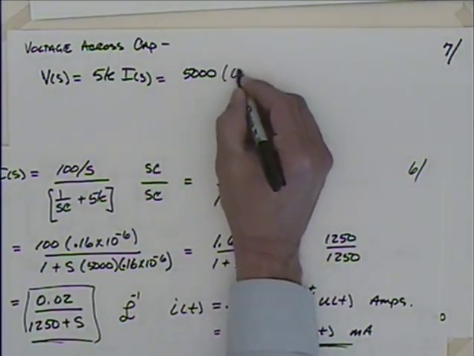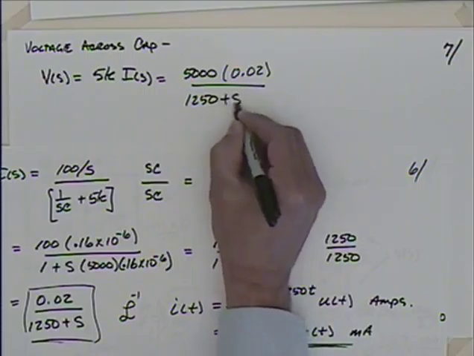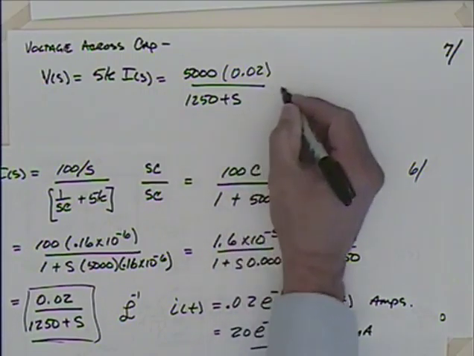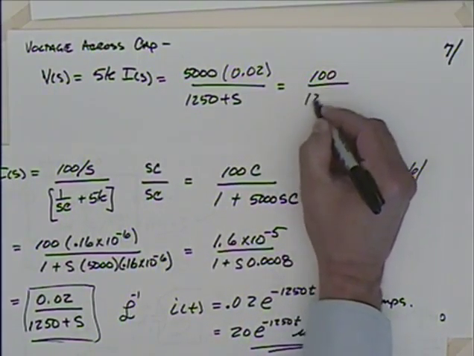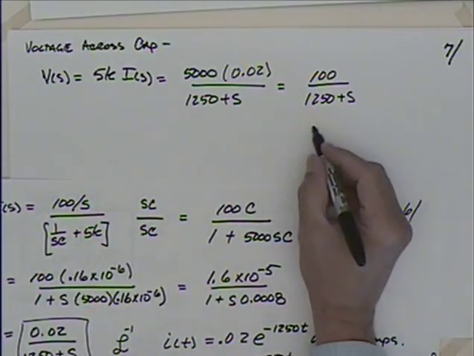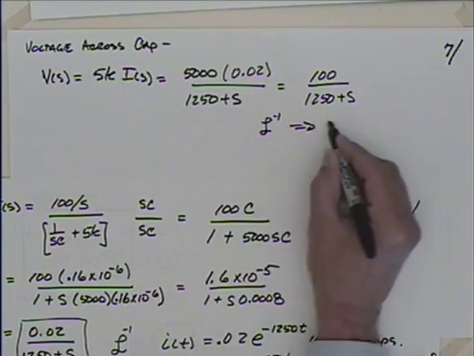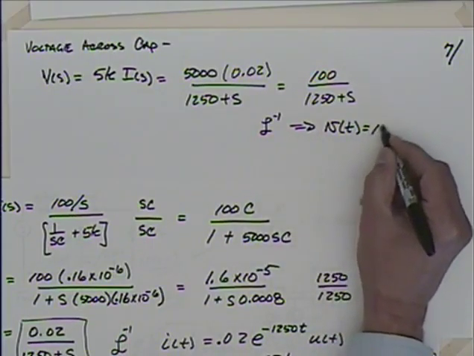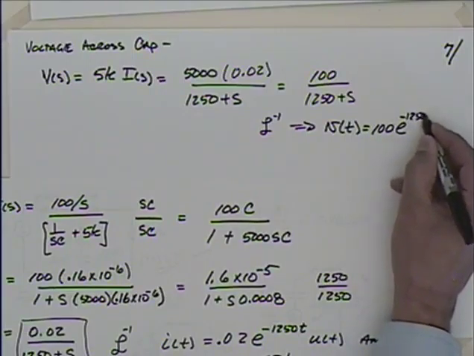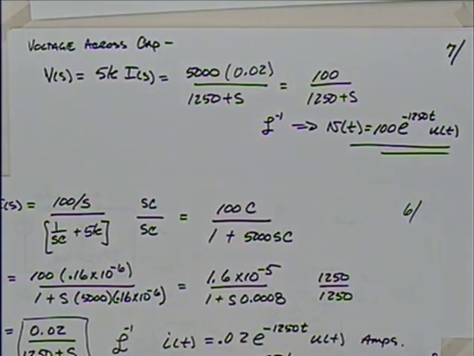I've got 5,000 times 0.02 divided by 1250 plus S, which is going to be equal to 100 divided by 1250 plus S. Taking the inverse Laplace transform of this, we would get that the voltage in the time domain is going to be equal to 100 e to the minus 1250 t u of t. So that works. Of course, we're going to put the units of volts on there.